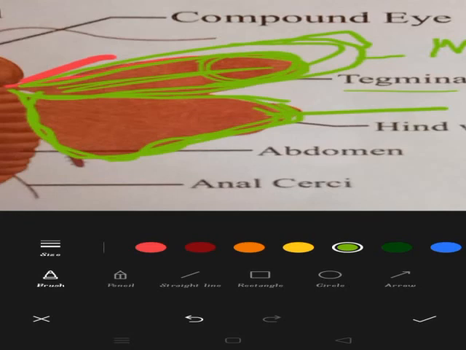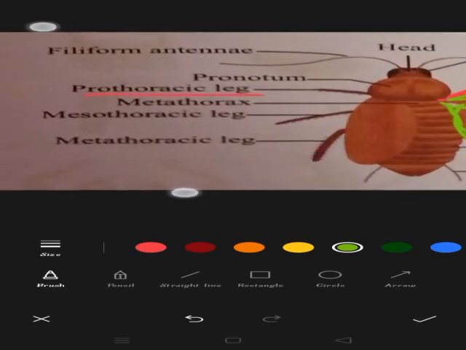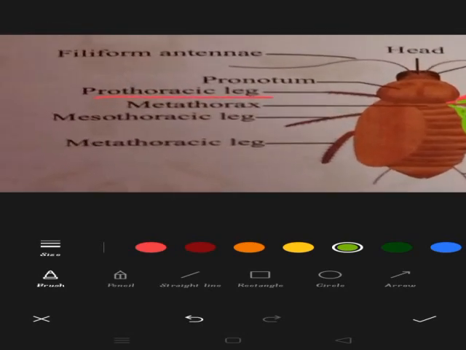The legs. So let us study the legs of the cockroach. The cockroach has three pairs of legs: prothoracic leg, mesothoracic leg, and metathoracic leg. Each thoracic segment has a pair of jointed legs arising ventrally.